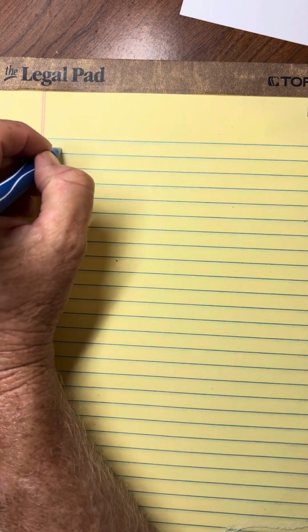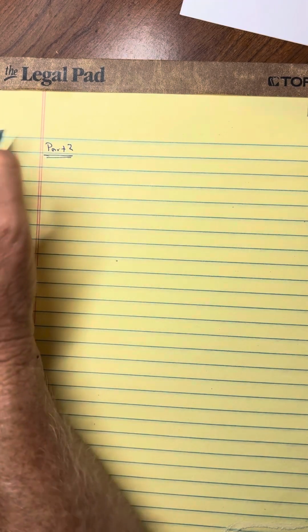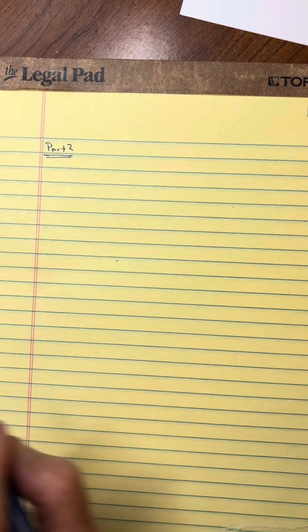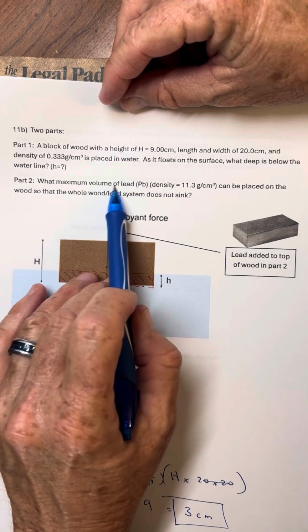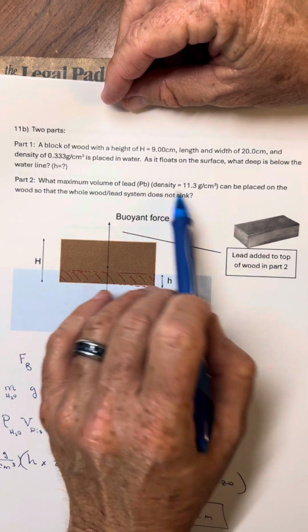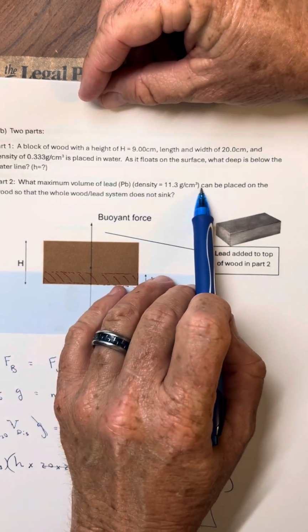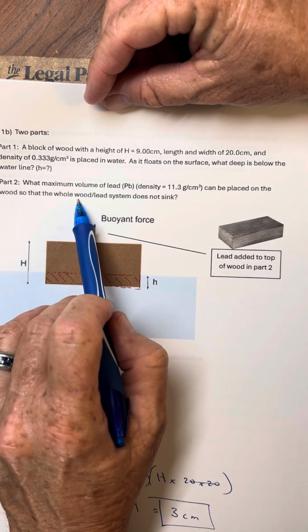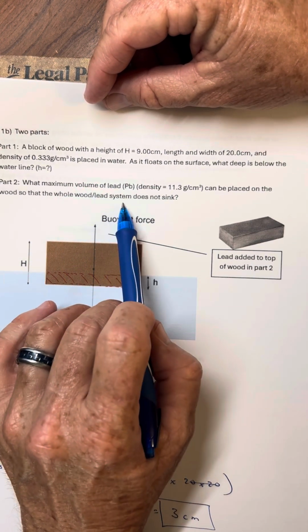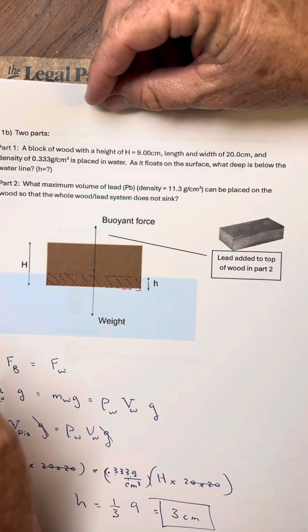But let's go to part 2, because that's going to be a little bit more here, where it says, now, what maximum volume of lead, and then they give us the density of lead, can place on top of this wood so the whole wood-lead system does not sink.